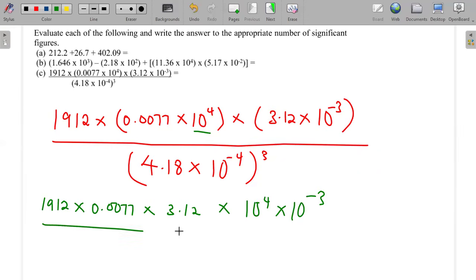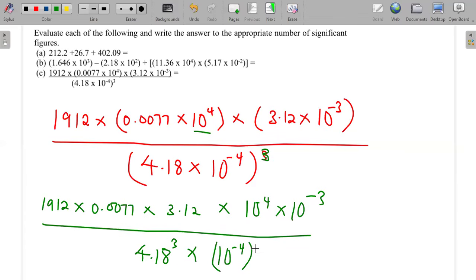Down here, it is 4.18 times 10 to the power minus 4, and this whole thing is also raised to another power. So I'm going to distribute this power to everything inside. This power goes to the 4.18, so it becomes 4.18 to the power 3, and then multiplied by 10 to the power minus 4, and this whole thing to the power 3.